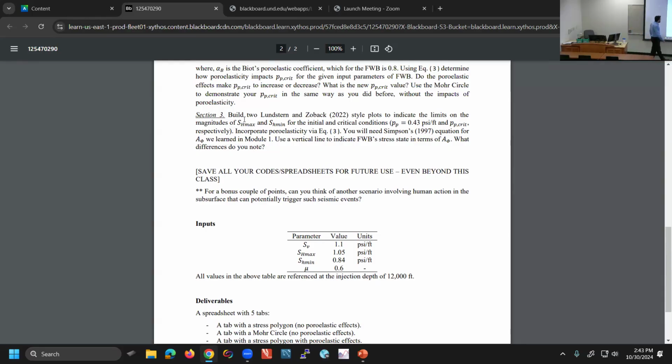Can you think of another scenario involving human activity in the subsurface that can potentially trigger such seismic events? There is a very good example, and then there are some other examples that are good. I'm really expecting to hear that one example that I have in my head.